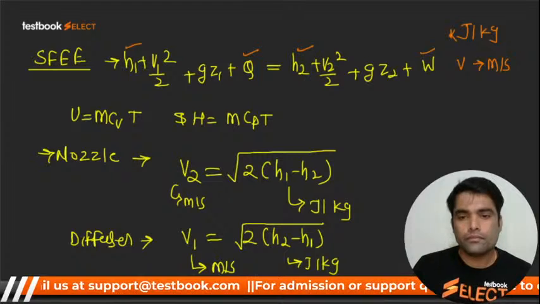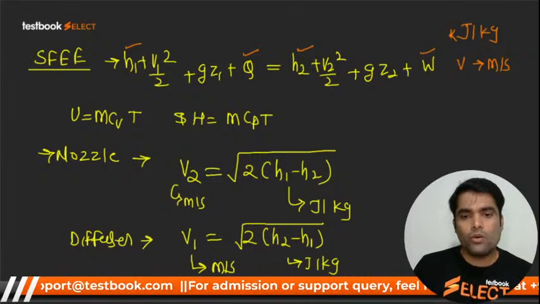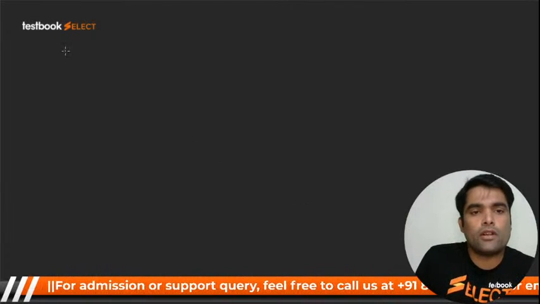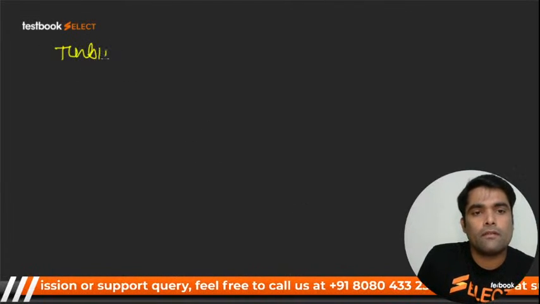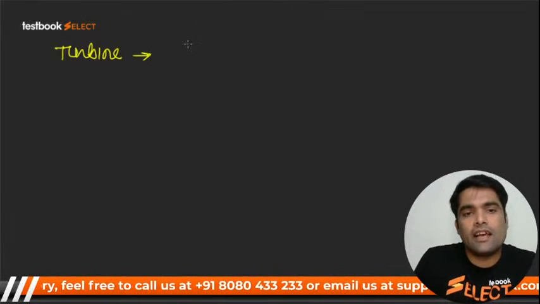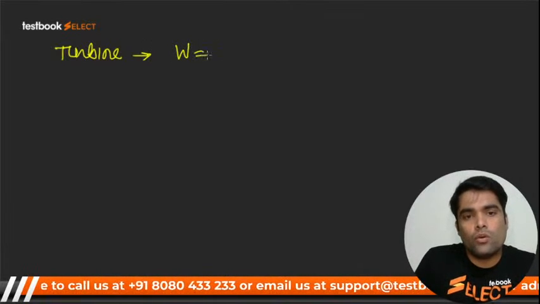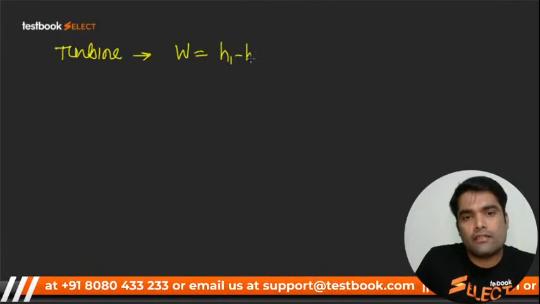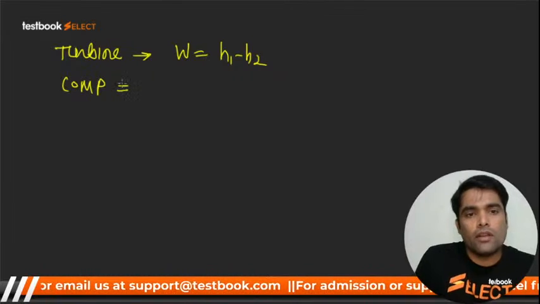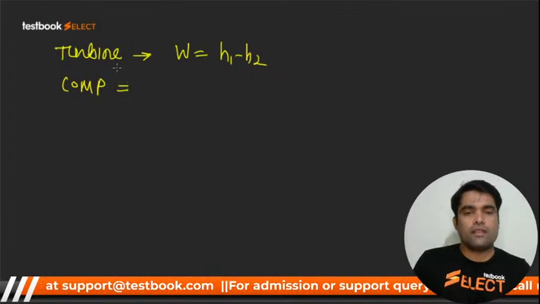Here we go. See, if you go for a turbine, what should it be? You get W, and W is equal to H1 minus H2. If you go for a compressor, what will you get?